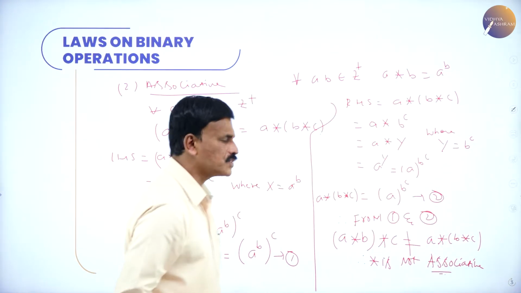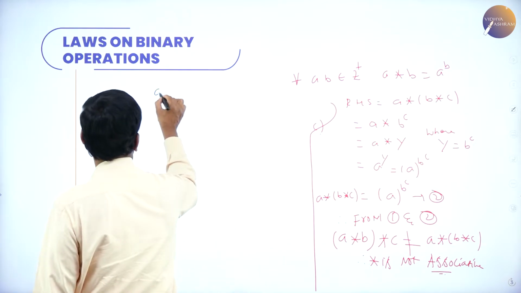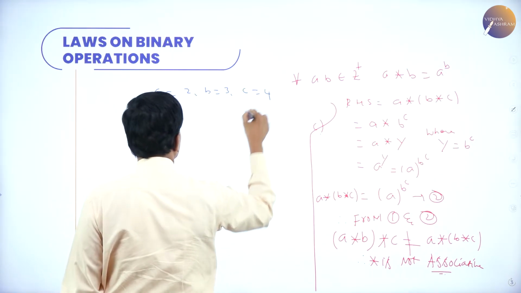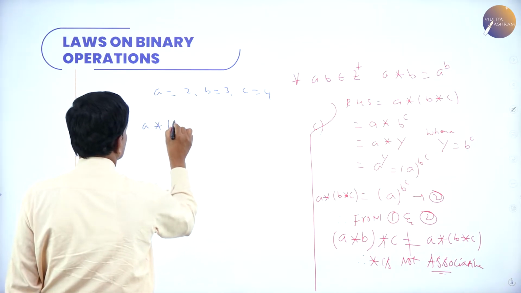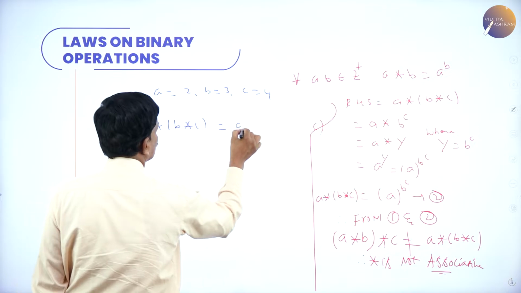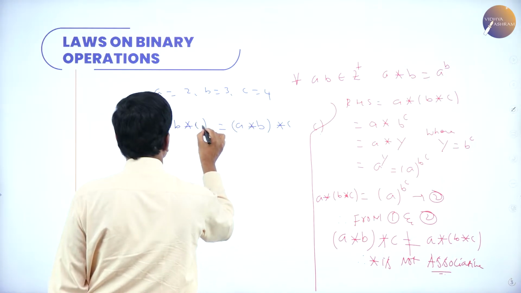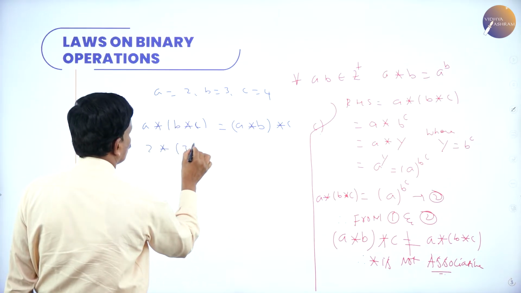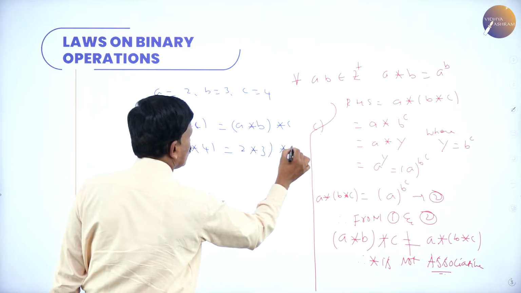Star is not associative. If you want, you can take one example. Let us take A is equal to 2, B is equal to 3, C is equal to 4. So, (A star B) star C is equal to A star (B star C), the associative property. Now, this is (2 star 3) star 4 is equal to 2 star (3 star 4).